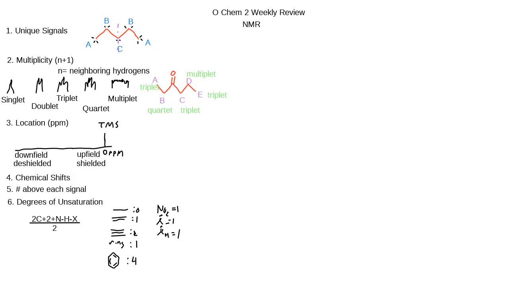Basically, any carbonyl is technically a double bond because it's a C double bonded O, so that obviously counts as 1. Of course, there's ester, carboxylic acid, and amide. So all of these also have 1 degree of unsaturation.